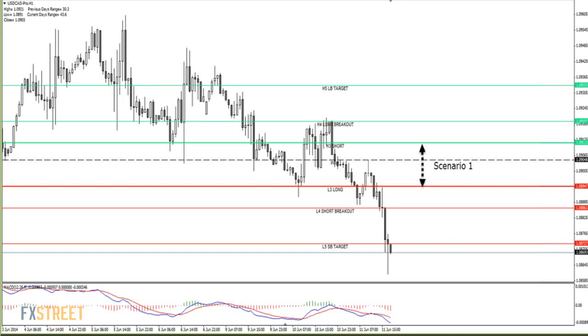So the first thing that I want to show you is H3 and L3. When the market opens between H3 and L3, usually it will move towards H3 or L3.